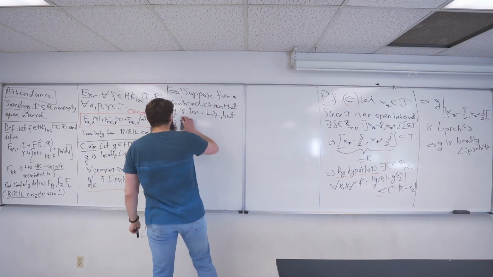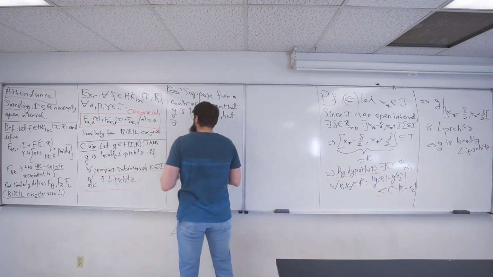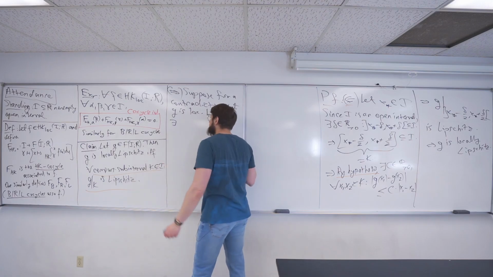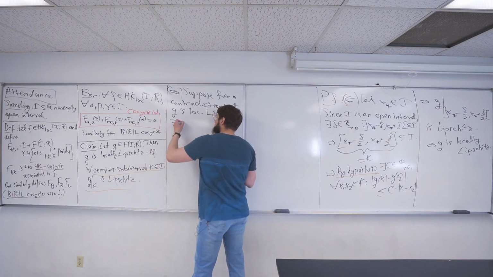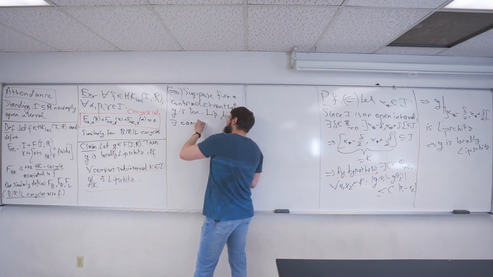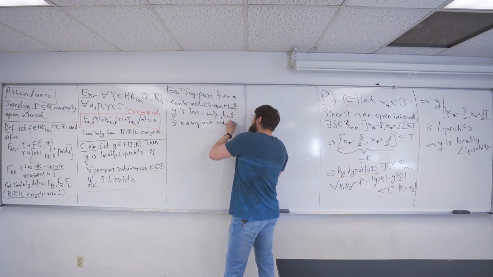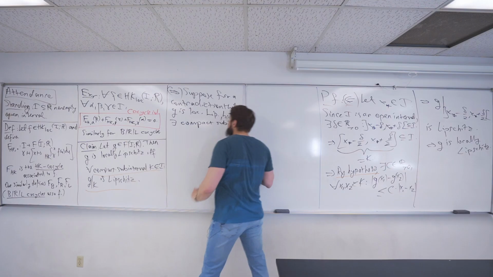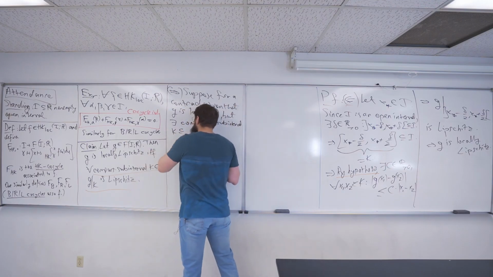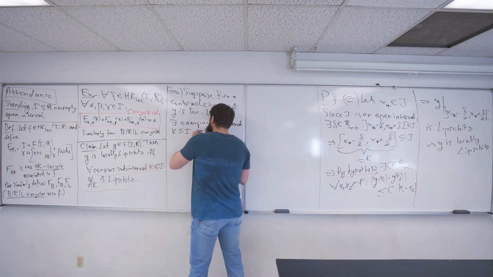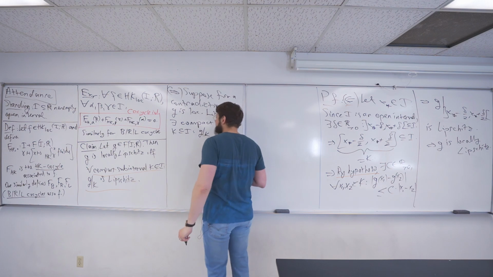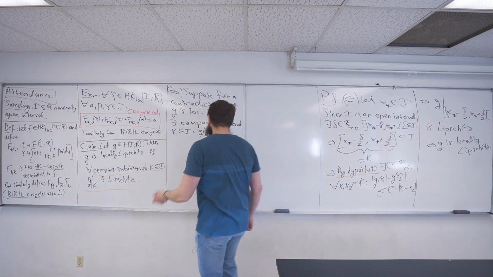It could be multiple, but for contradiction, I can only assume one. There is a compact subinterval K in I such that G restricted to K fails to be Lipschitz, is not Lipschitz.